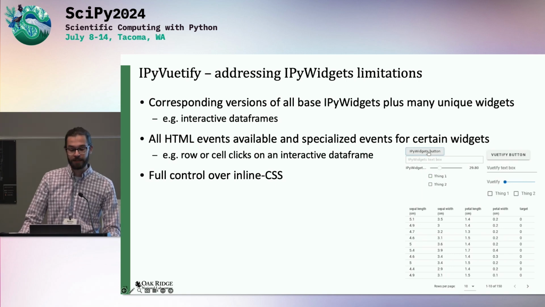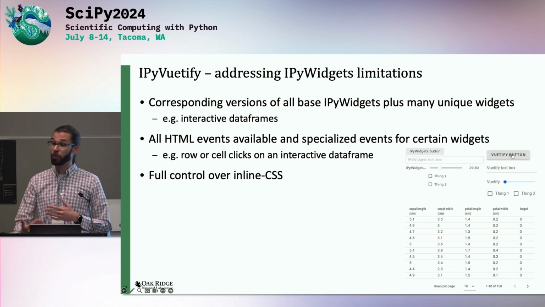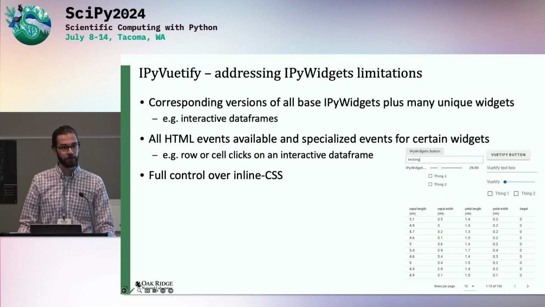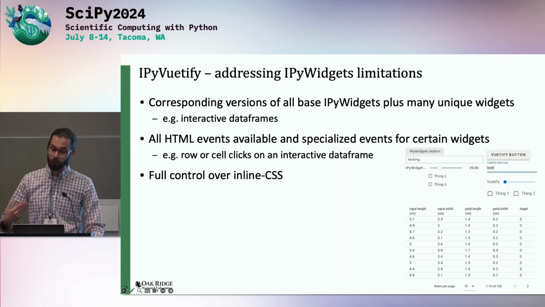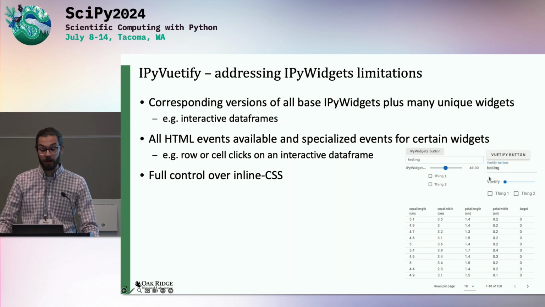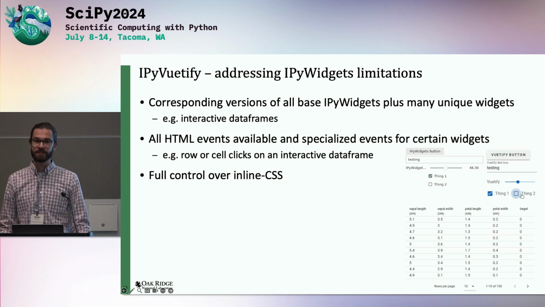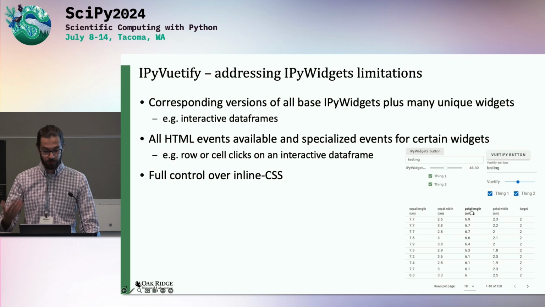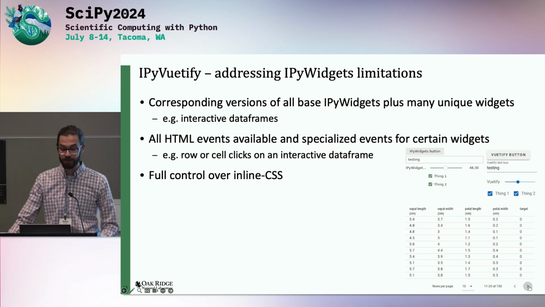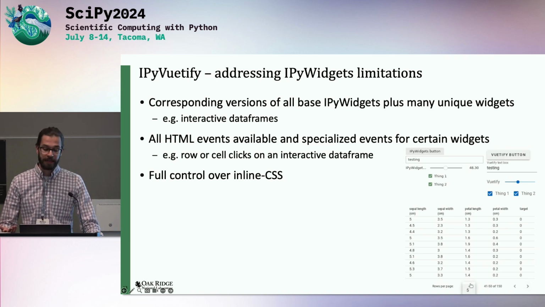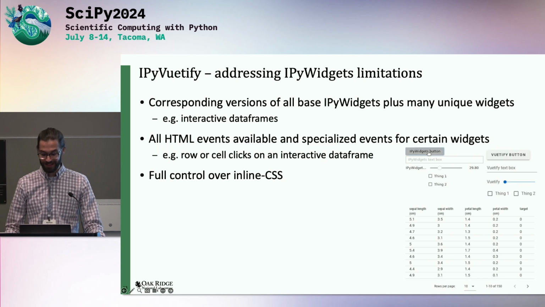For the events, it addresses this by any of the normal HTML events that you would be able to listen for inside of JavaScript. It incorporates that, again, on the Python side, as well as for many of the unique widgets, they provide their own specialized set of events that you can listen for. This would be things like specific row or cell clicks within an interactive data frame. And then finally, it gives you full control over the inline CSS if you want to go embrace full chaos.